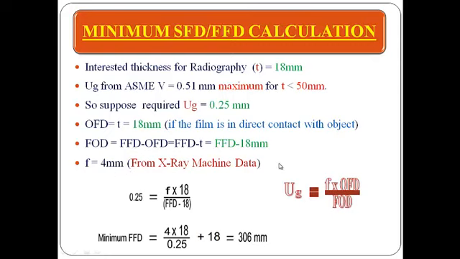We put all this data in this equation: UG 0.25 mm, F 4 mm, OFD 18 mm over FOD, which we manipulated into FFD minus 18 mm. If we manipulate this equation, we will get the minimum required FFD, which is 306 mm.